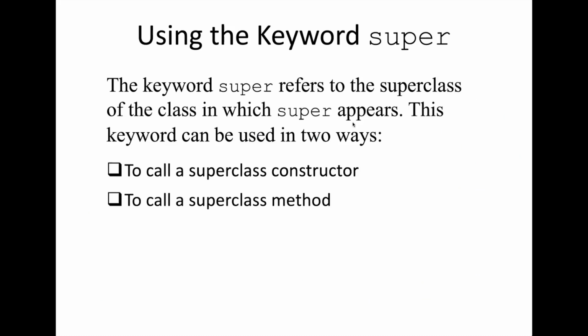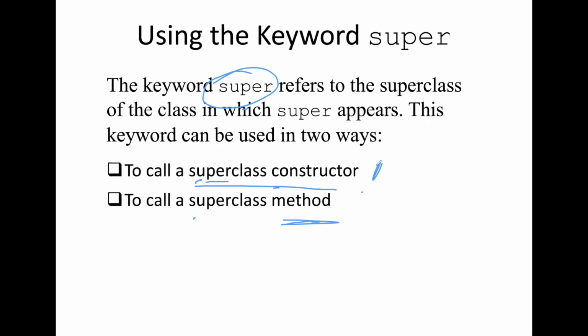It turns out the keyword super could be used to refer to the superclass constructor as well as its methods. Using the super keyword to invoke a superclass constructor, we're able to initialize the inherited members of the subclass. If you do not explicitly call super in a subclass constructor, Java automatically inserts a call to the superclass's no-argument constructor.